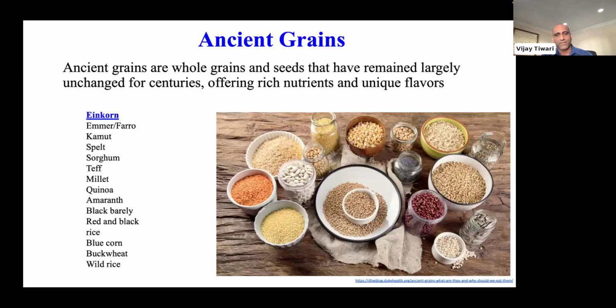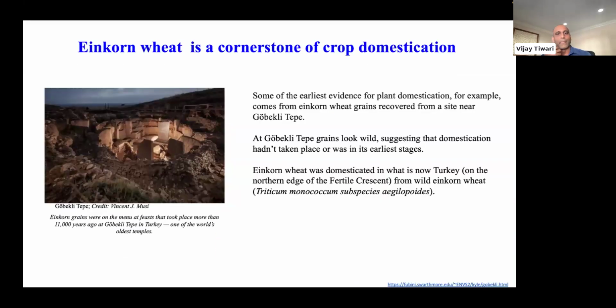The list of ancient grains includes einkorn, emmer, kamut, spelt, sorghum, and the list goes on. Today, I'm going to focus on einkorn wheat. Why einkorn wheat? Because this is the first crop that humankind domesticated and the first crop that we ate. It is a cornerstone crop of crop domestication.